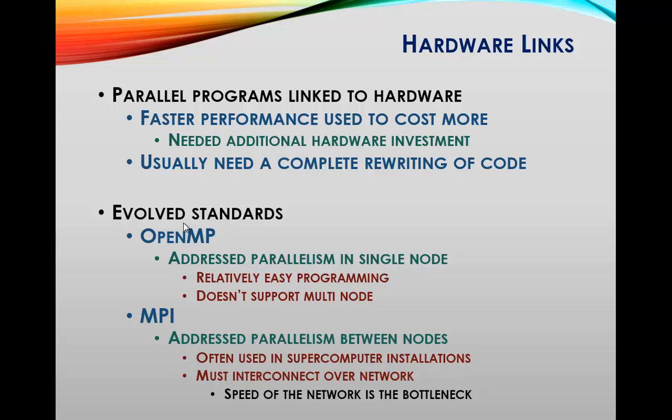MPI is often used for these kinds of clusters. The problem with MPI is that since it relies on a network and all of the interconnections between the network, the network itself will become your bottleneck. Essentially, the dominating factor that determines the maximum speed of your cluster-based computation is going to be your internode communication.